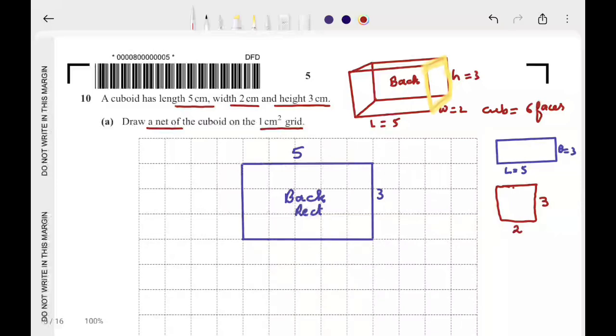So let me draw 1 and 2, 1 and 2, 1, 2 and 3, 2, 3 and 2. And the same rectangle we have to draw on the left side as well, having the same measurement. So 1, 2, 1, 2 and 1, 2 and 3.